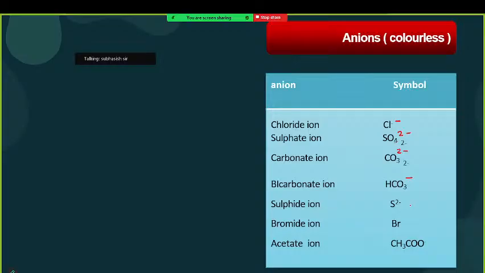Some of the salts are colorless, but mostly sulfide salts also show some color, like silver sulfide, Ag2S, which is black in color. So there are some exceptions, but they are generally colorless. Bromide salts are also colorless. Acetate is also colorless.